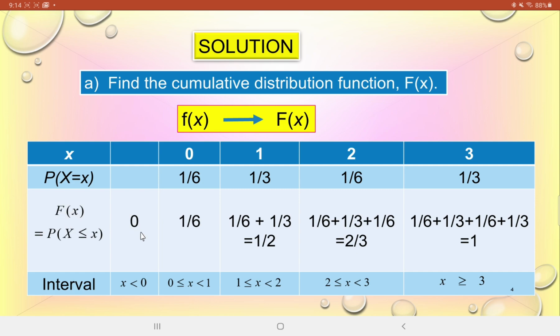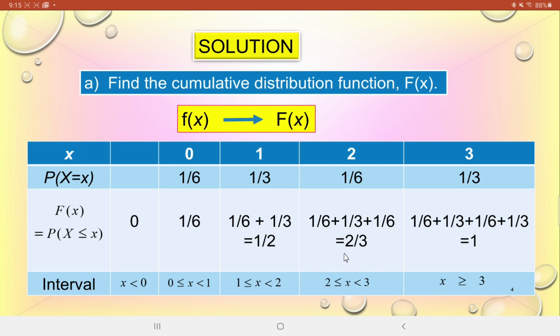We put 0 here because there is no data for x less than 0. Next, we put 1 over 6. 1 over 6 comes from 0 plus 1 over 6. Next column, we add 0, 1 over 6 and 1 over 3 and we get 1 over 2.